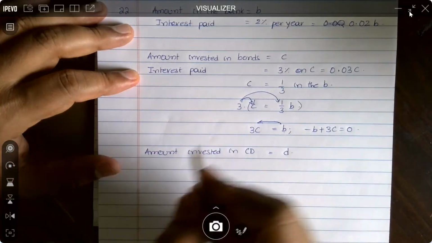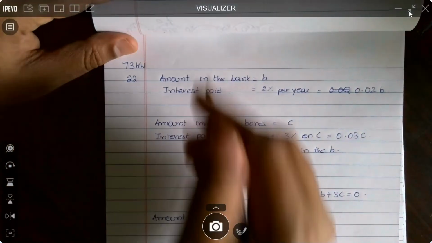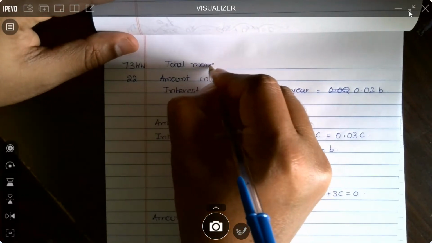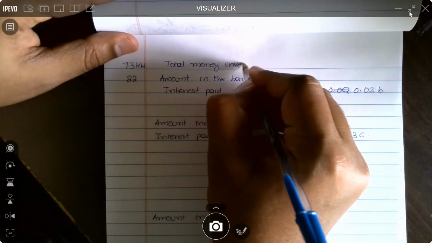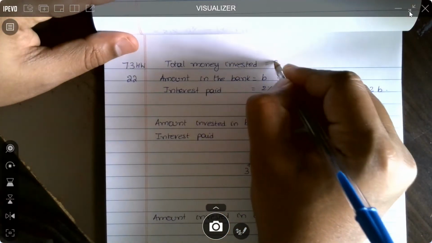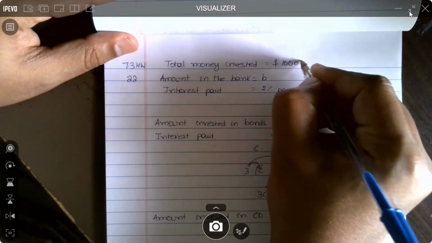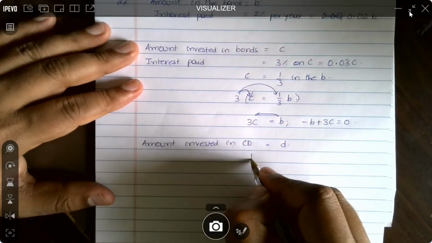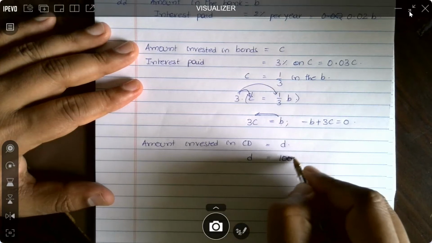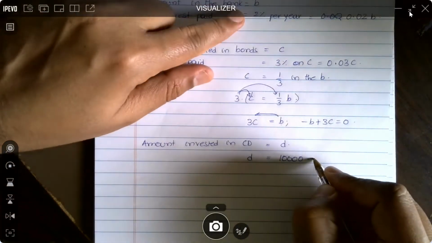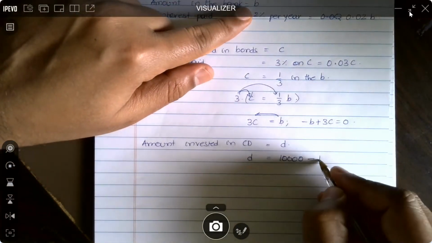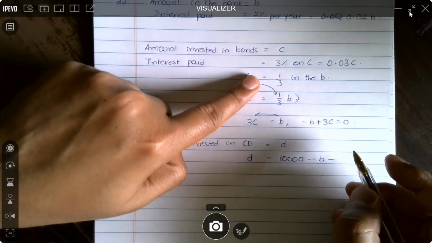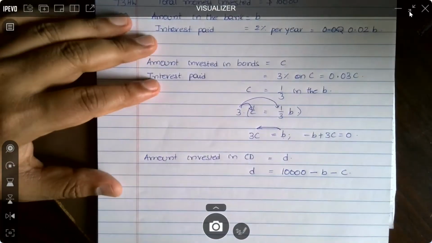The total money invested in all three is $10,000. So D is equal to the rest of the amount: 10,000 minus the amount invested in the bank minus the amount invested in the bonds.